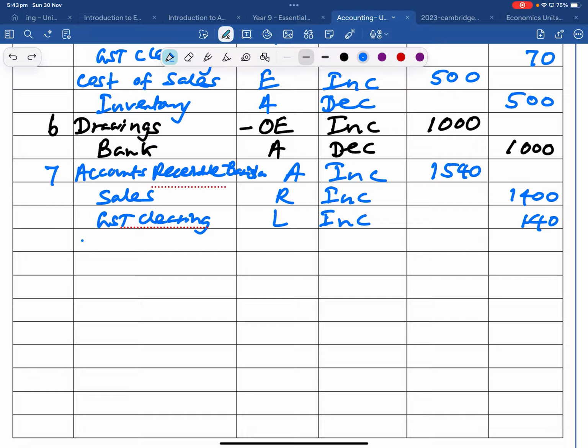Inventory first, issue, cost of sales. What is it? The classification, expense. Expense, increase, decrease? Increase. 1,500 times 2. And then the other one is inventory, asset, decrease.